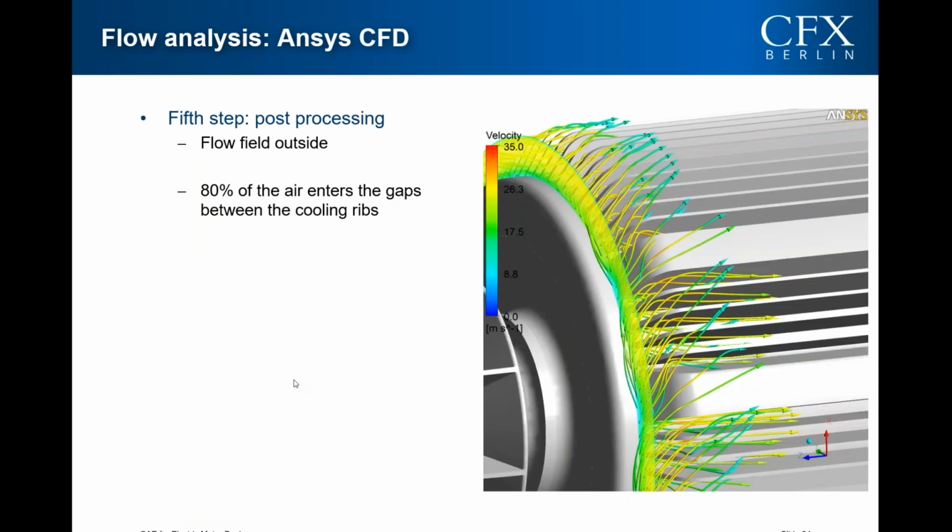But the fan is producing a flow over the housing, and roughly 80% of the air enters the gaps between the cooling ribs. The rest of the air remains with swirl and escapes to the environment.